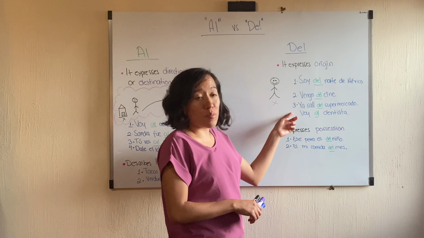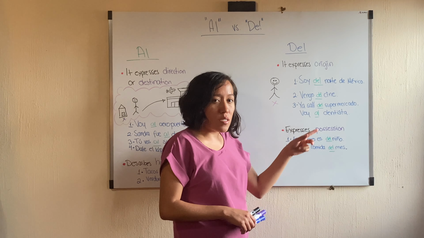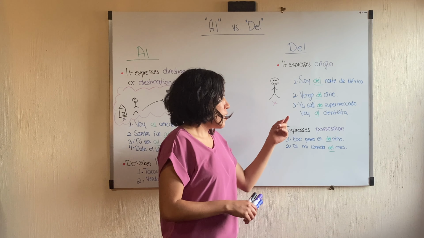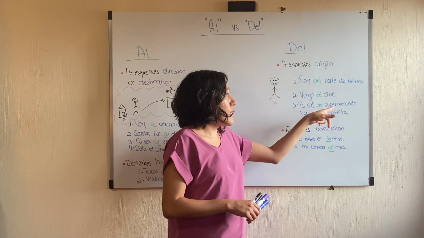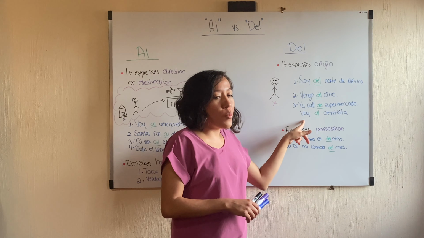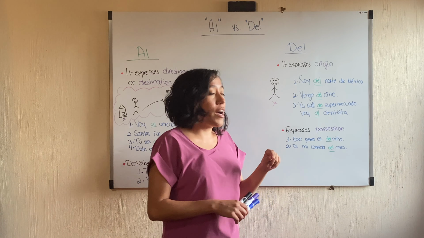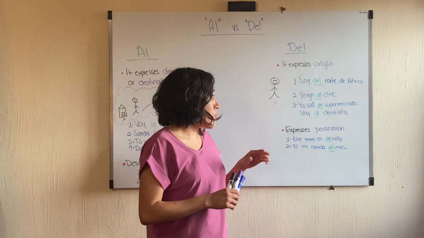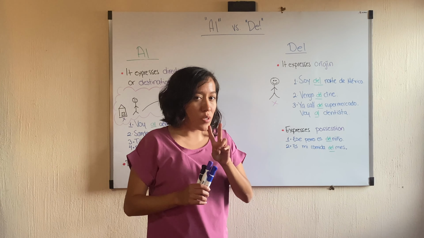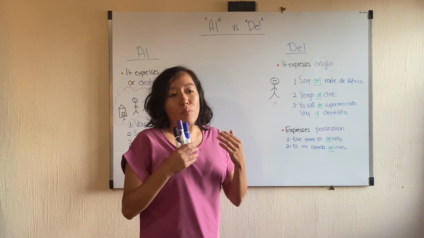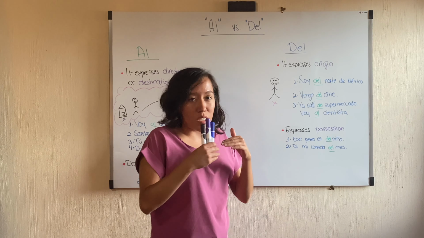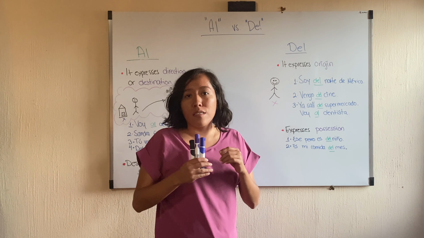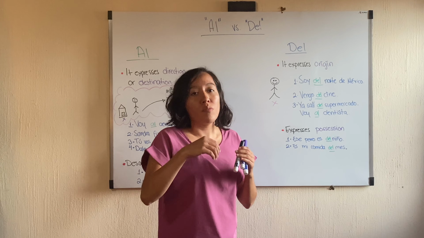So now check example 3. In this sentence, we actually use the two contractions, which is pretty common in Spanish. So check again. Ya salí del supermercado. Voy al dentista. I already left from the supermarket. I'm going to the dentist. So in here, I'm conveying two ideas. Number one, the point of origin, which is the supermarket, which I'm leaving from, and my next destination, the place that I'm going now.